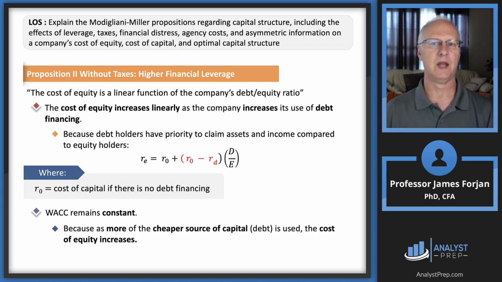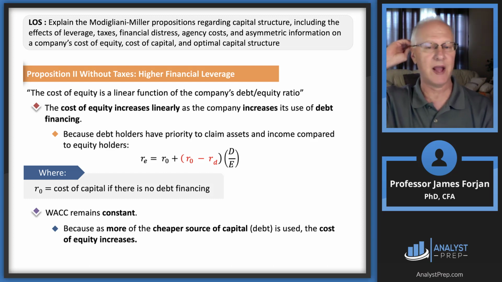Now let's focus on this idea of cost of capital and the cost of equity. Let's read that quote there: cost of equity is a linear function of the company's debt equity ratio. All right, so that makes sense, right? Look at the equation in the middle of the slide. We have the cost of equity on the left, and that's equal to the cost of capital if there is no debt financing, right?